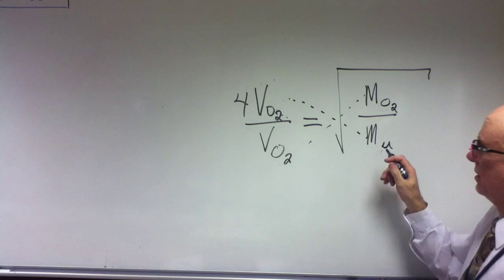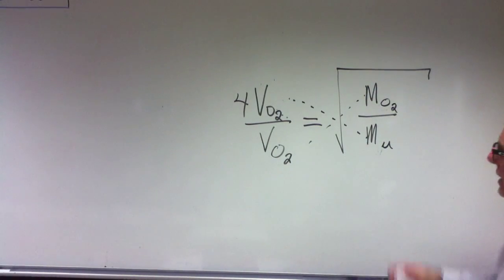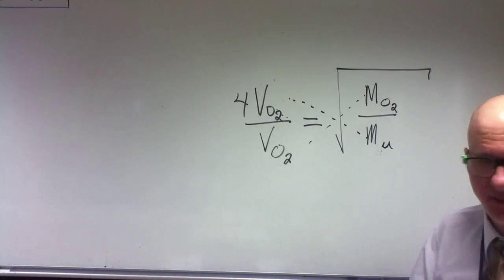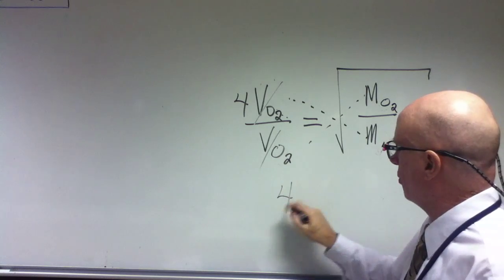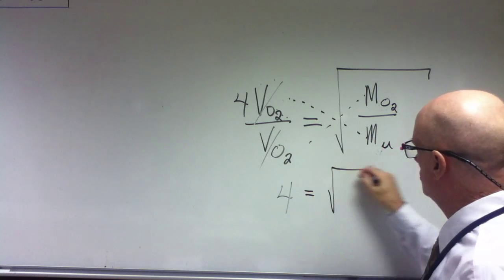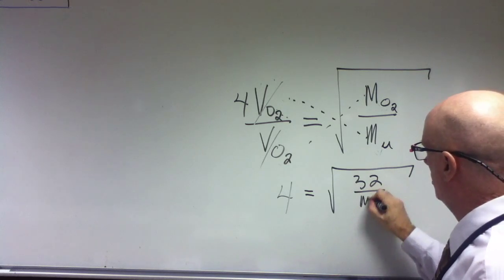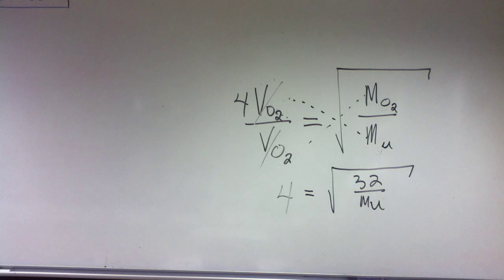Now, let's put some things in. Let's just rewrite this. This cancels, so I have 4 equals the square root of 32 over M unknown. Let's square both sides.